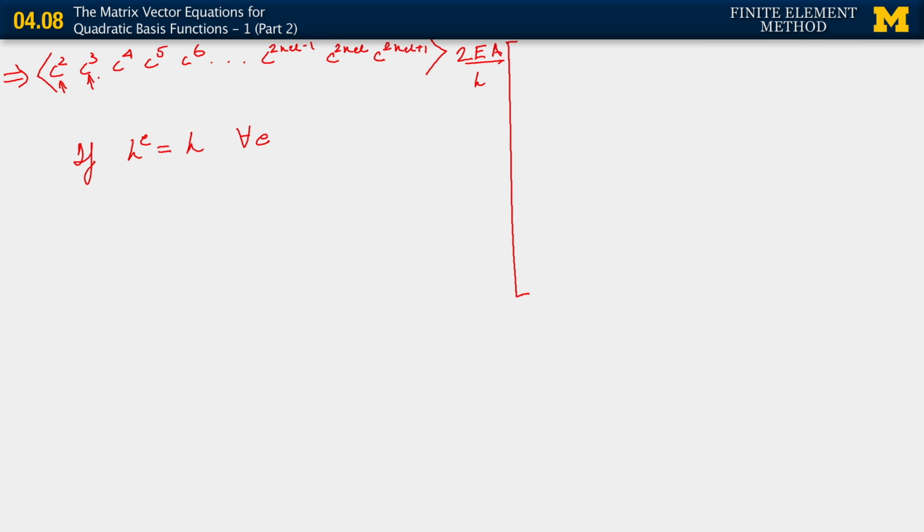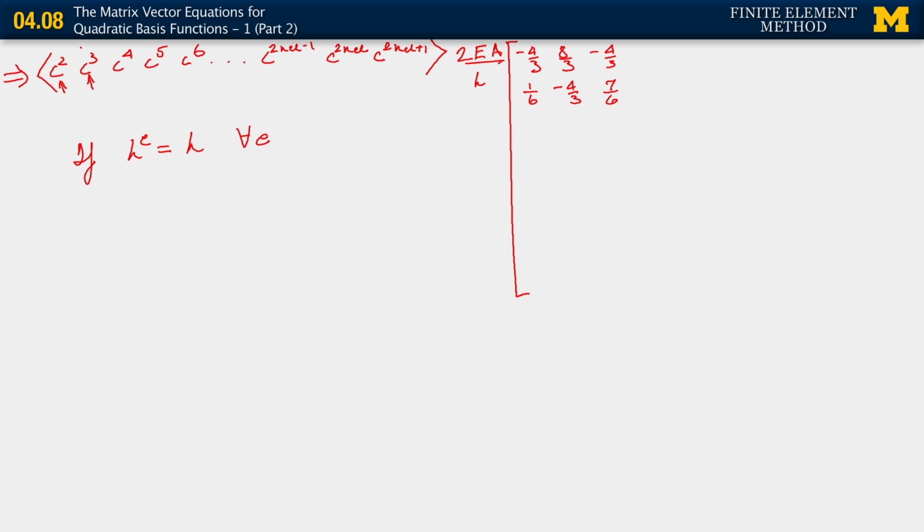We get here minus 4 over 3, 8 over 3, minus 4 over 3, and here we get 1 over 6, minus 4 over 3, 7 over 6.